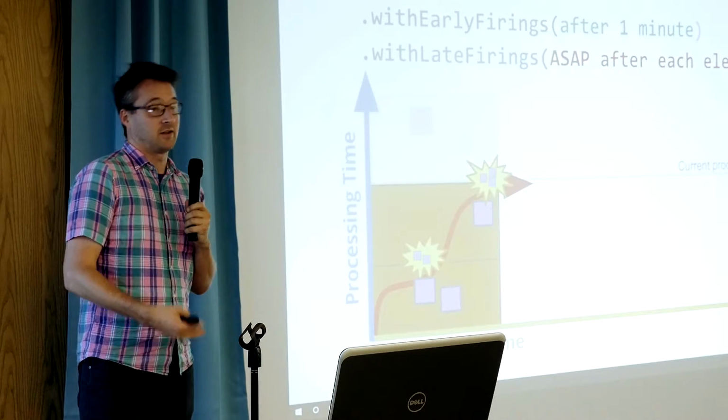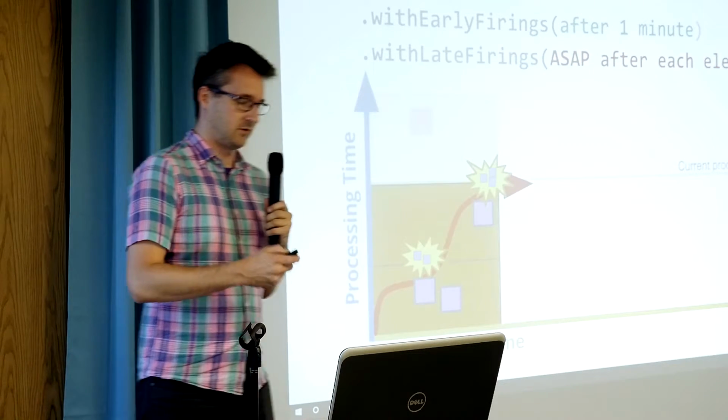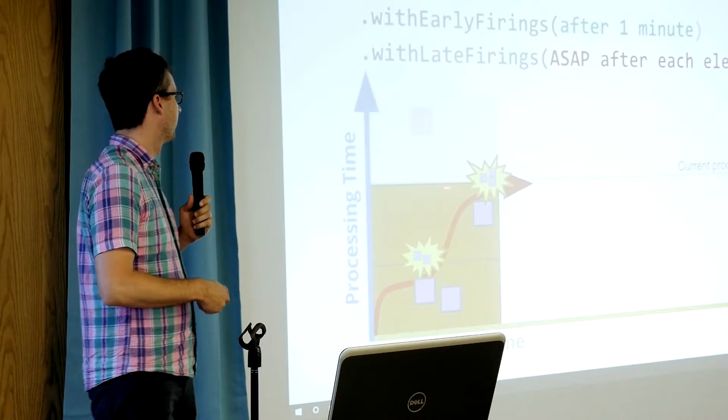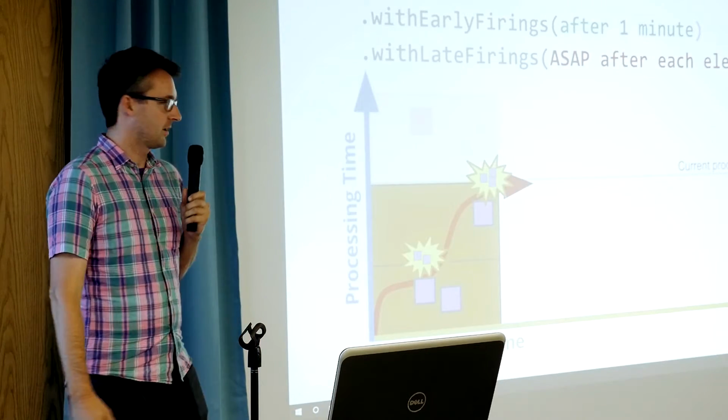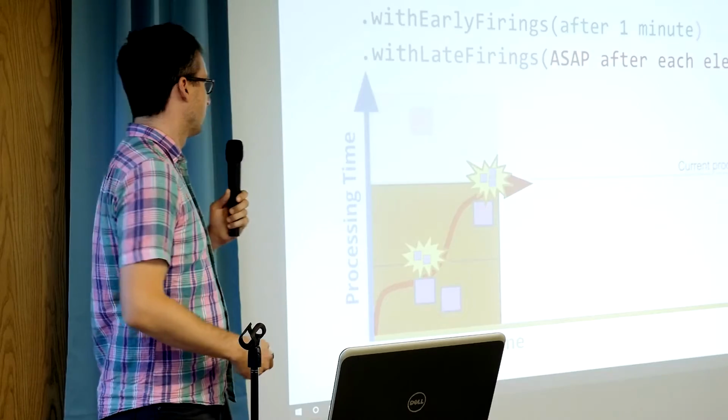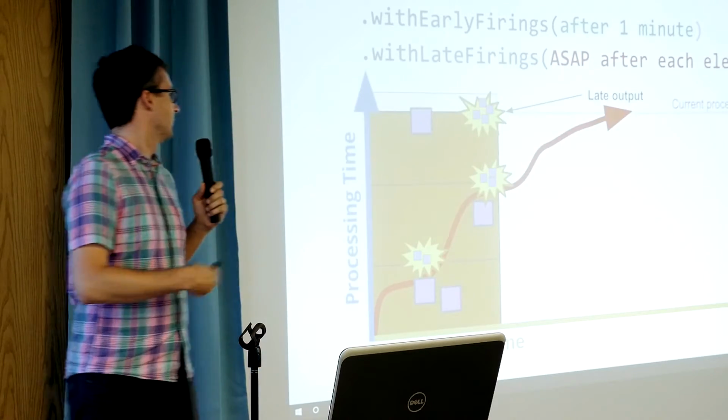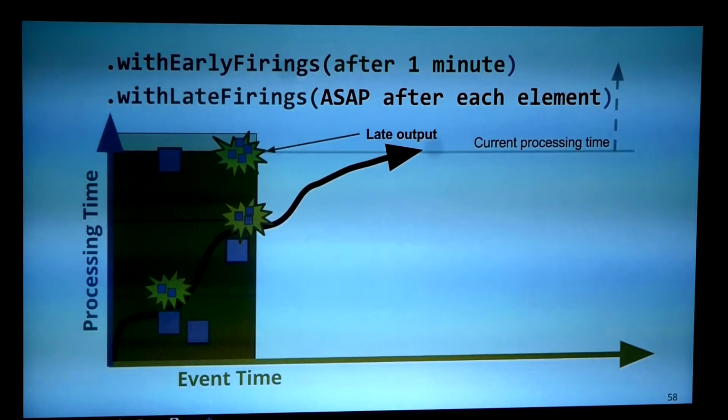Downstream processing can do things like send a bill, because you know that this is what you consider the on-time output. Of course, we know, since we are looking at what's about to happen, that some more data is about to arrive. So moving on, when the late output shows up, because we've got this trigger that says after every element, immediately emit output as soon as you can, we emit a new aggregation that takes into account all 4 elements. It's like a revision to your monthly bill emitted as soon as possible.